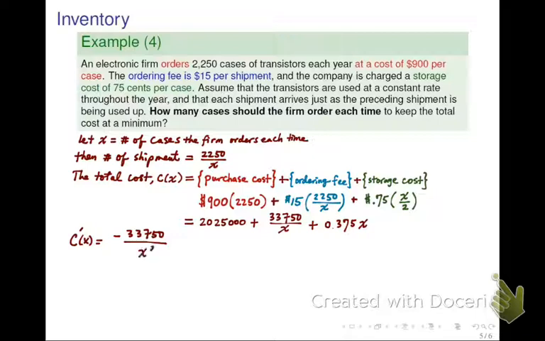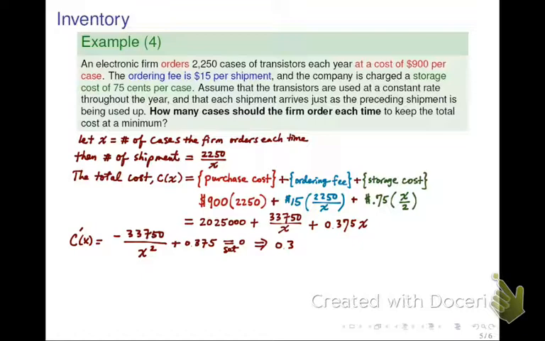But then to rewrite that negative power into a positive power, it becomes the division over x squared. And the third term is simply a constant, 0.375. We're going to set that equal to 0 and solve for the x value as a critical point.